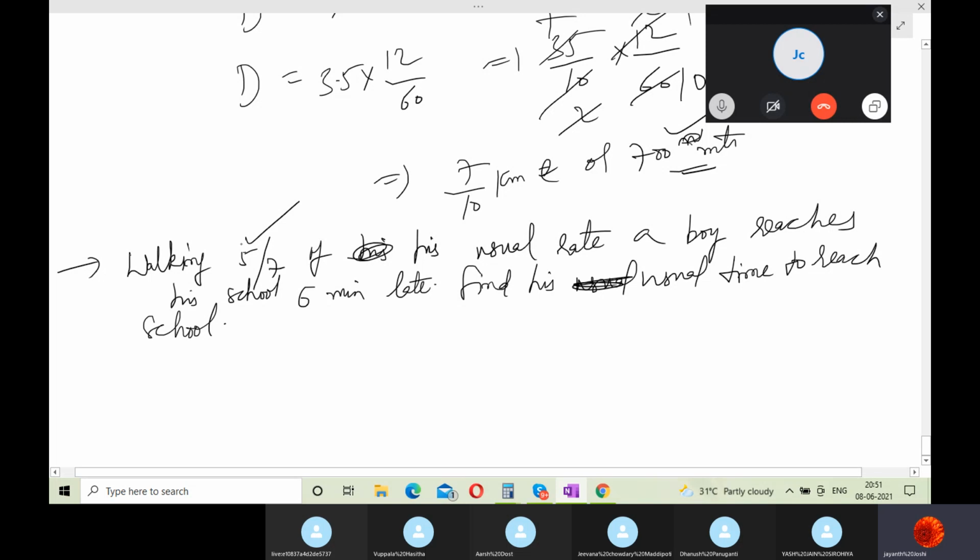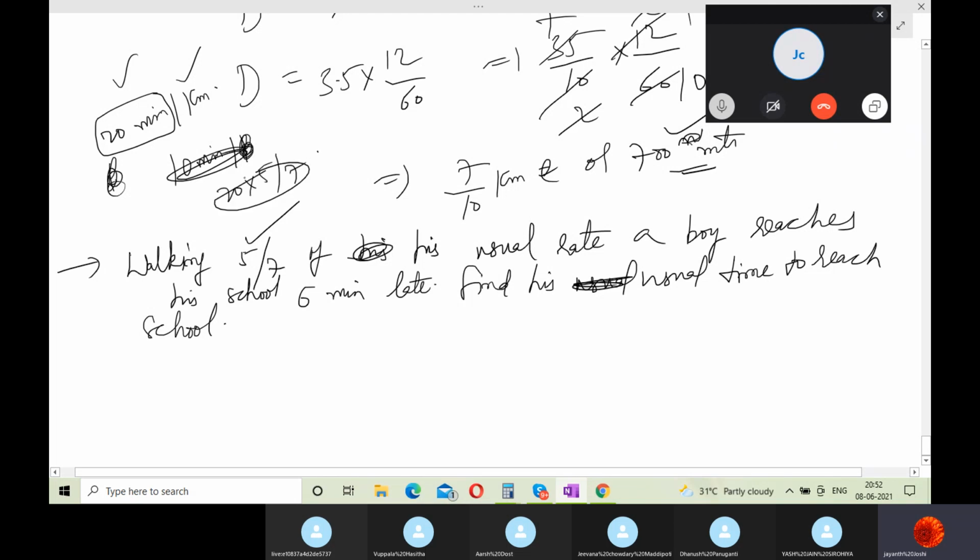Suppose a person can walk at 20 minutes per kilometer. If that is his usual speed, he takes 20 minutes to walk 1 kilometer. He is walking 5 by 7 of that. Like that you should take.